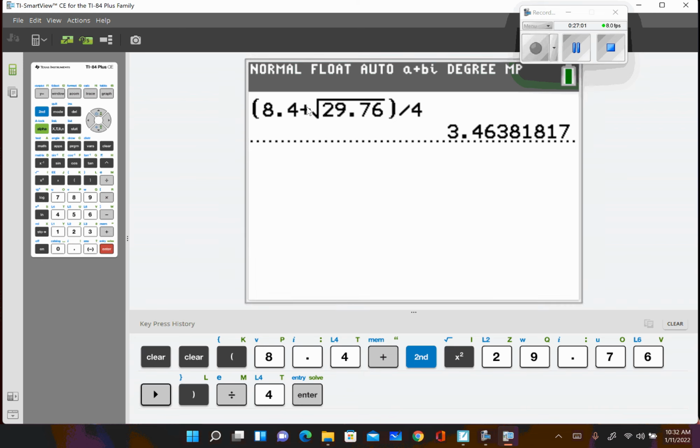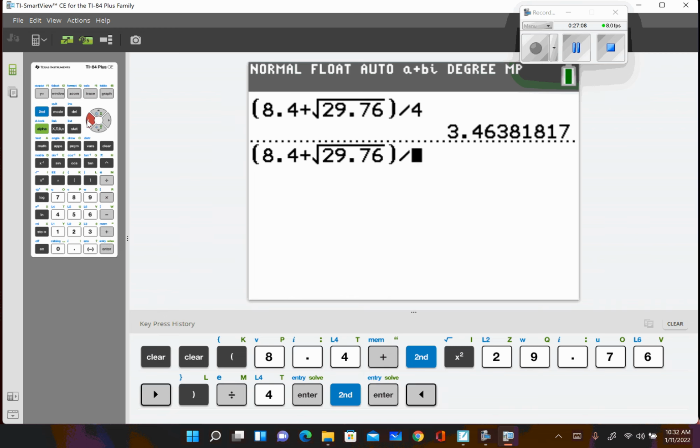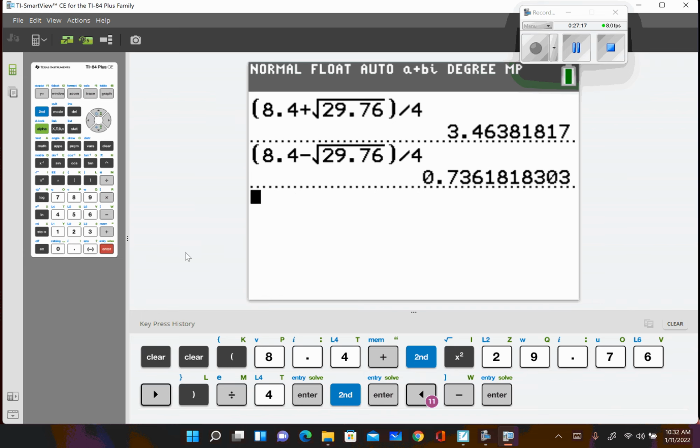And then to get the minus in there, because it's 8.4 plus or minus, if I press second enter, I can use the left arrow to get the cursor on top of the plus. When it's there, I just change it to a minus and then press enter.